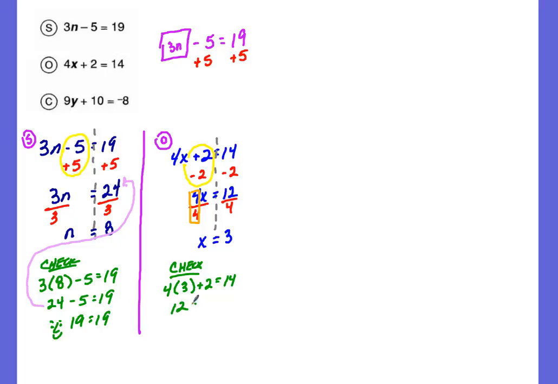Well, 4 times 3 is 12, and 12 plus 2 does equal 14, and I can be confident about the work I did. And again, if I take a look at that 12 I got from the multiplying, that's the 12 right there. That's where it was before I divided.